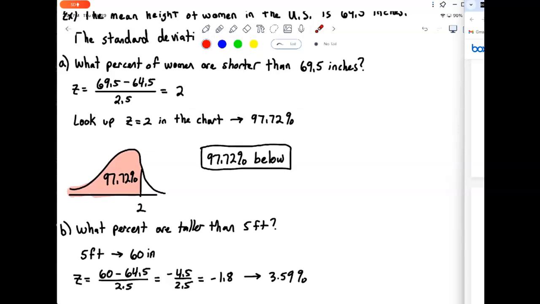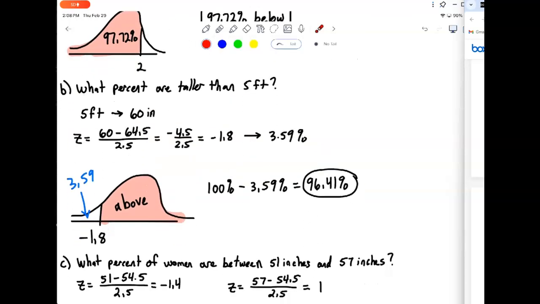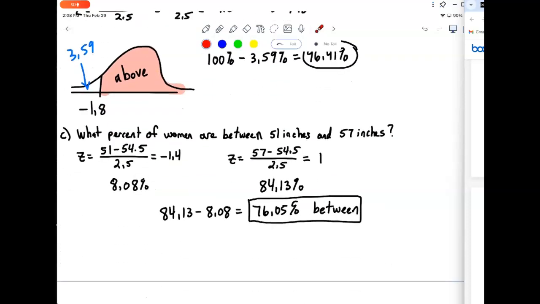If we're looking for below, then we just take the chart value. If we're looking for above, then we take 100% minus the chart value. And if we're looking for between, we take our two values from the chart and subtract the two. The first step is very important. You compute the z-score first.